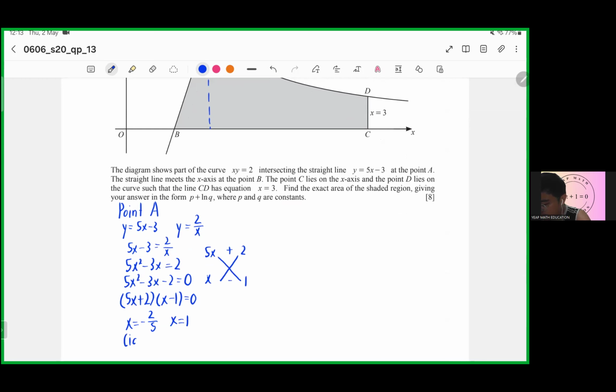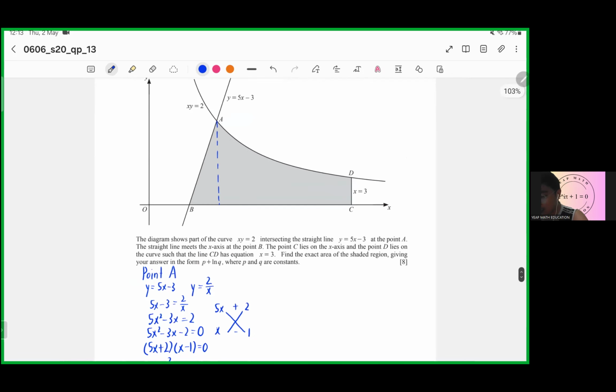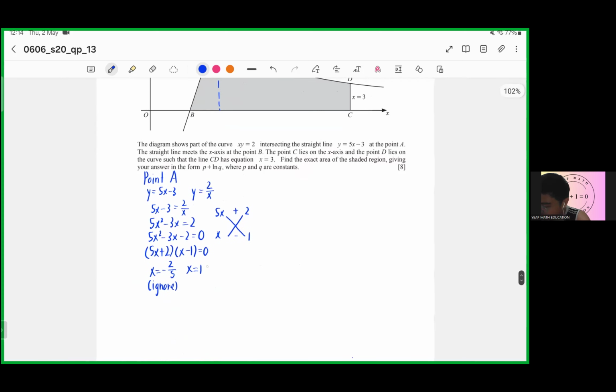But this one we just ignore. Why? Because you see this point is not in the second quadrant or third quadrant. Okay, it is in the first quadrant. So we just take x equals to 1. Okay, and then we can know y will equal to 2. Okay, so the point A is (1, 2).